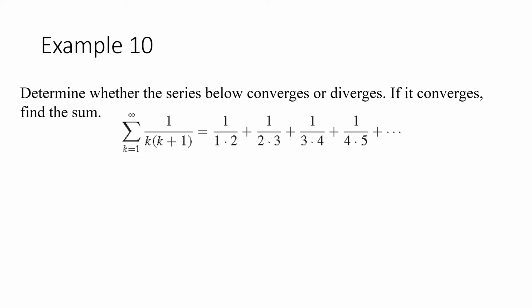We will begin by rewriting the series, the sum, in a closed form. This can be accomplished by using partial fractions. So in this case, using the partial fraction, we could have 1 over k.